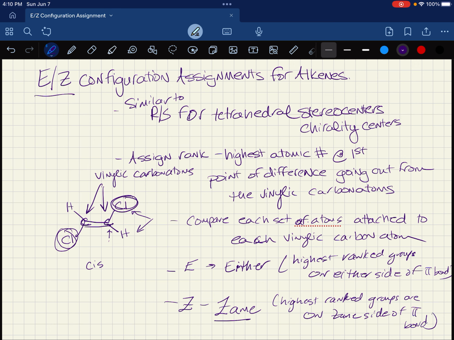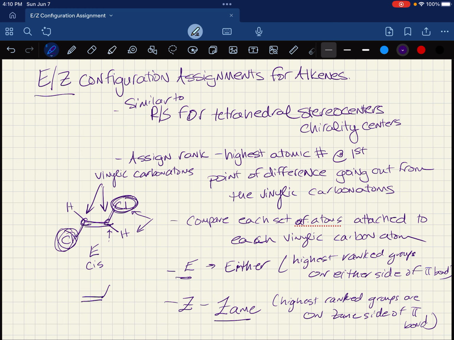All right, now this, I will admit, is a little confusing because, to be honest, E is going to look more like a Z if you're just looking at the image. So you really have to just use the word and not think about the shape. I want to caution you against that because it makes it easy to get mixed up. So this one would be E because the higher ranked groups are on either side.